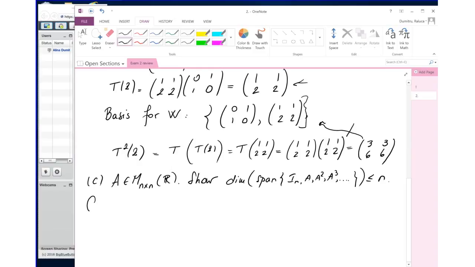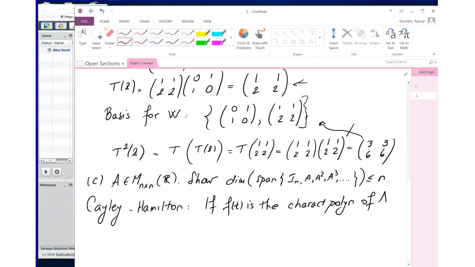So Cayley-Hamilton says that if f of t is the characteristic polynomial of A, then if you replace t by A everywhere, you're going to get the zero matrix.